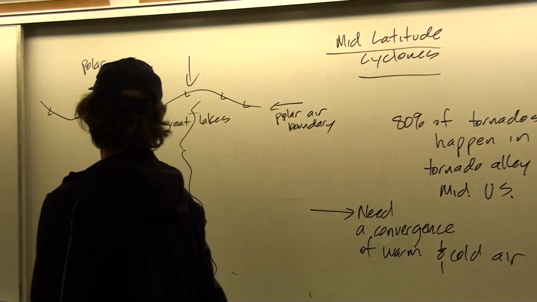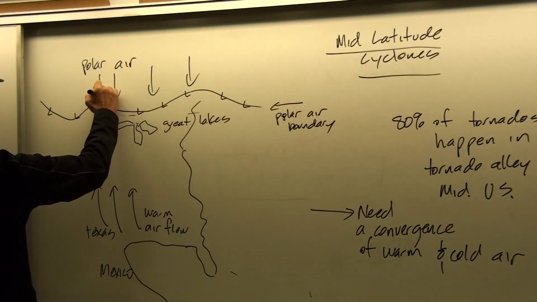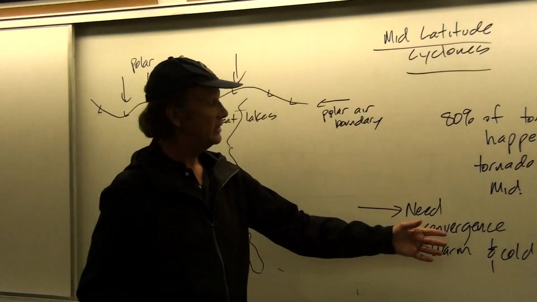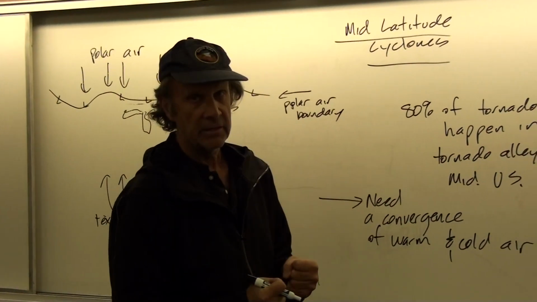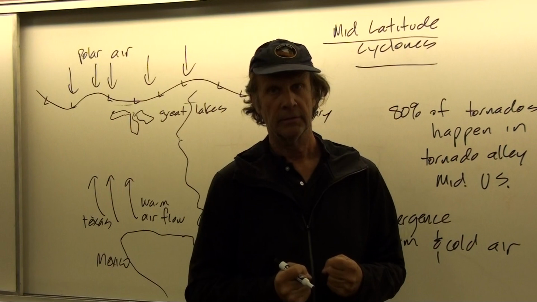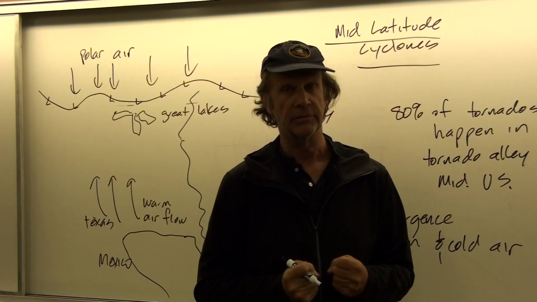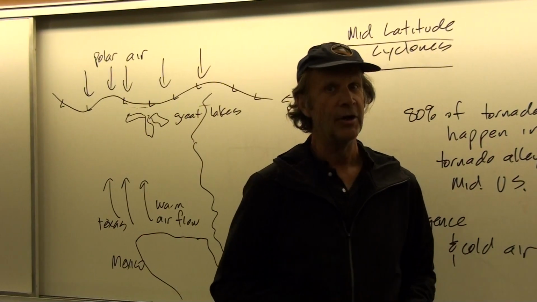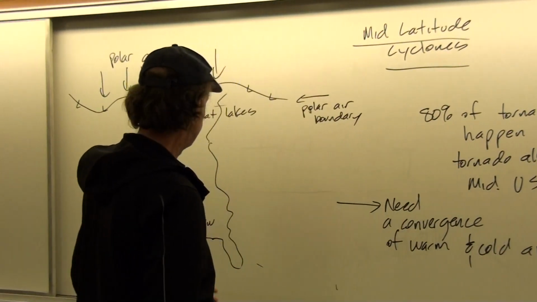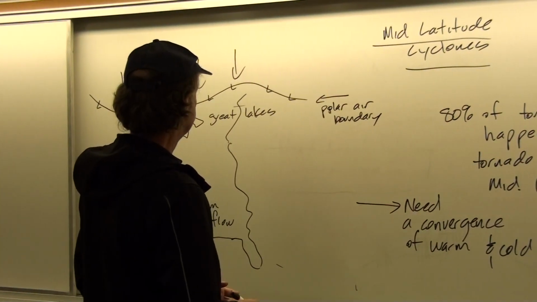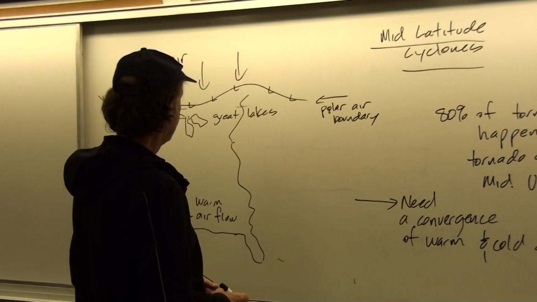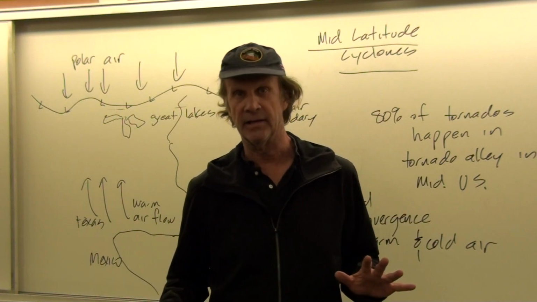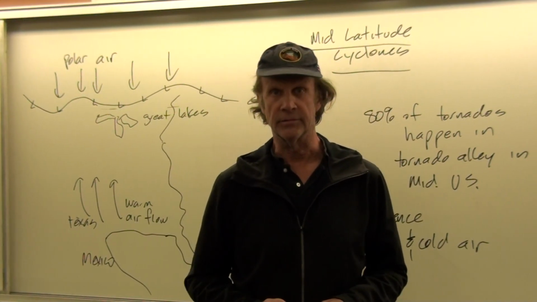And so we might wonder then, well, what is it about the middle of the United States that is so conducive to having cold air from the polar regions combine and essentially collide with warmer air that's coming up from closer to the equator? And the answer is you need a long, continuous landmass that doesn't have many mountains.